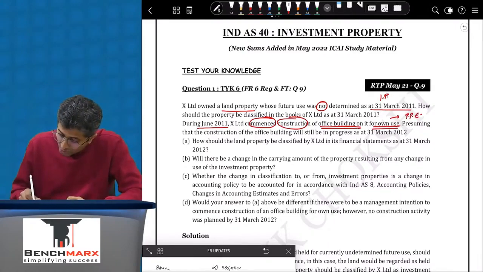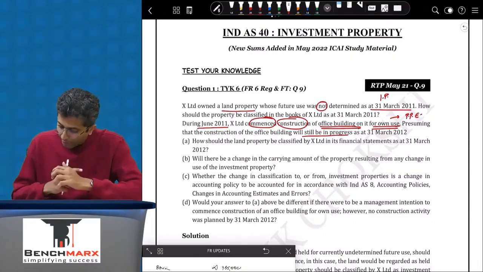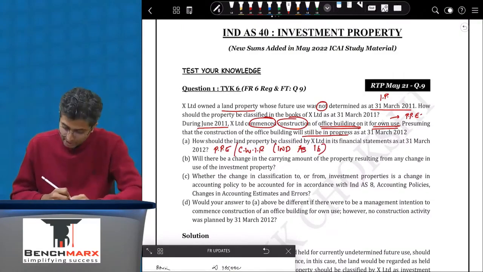Presuming that the construction of the office will still be in progress as on 31st March 2012, how should the property be classified by X in its financial statements as on 31st March 12? So it is property, plant and equipment or capital work in progress, basically under Ind AS 16. There's an actual change of use. Construction has actually started.